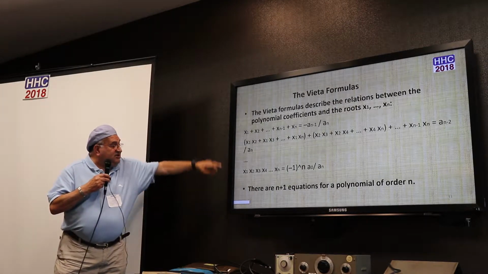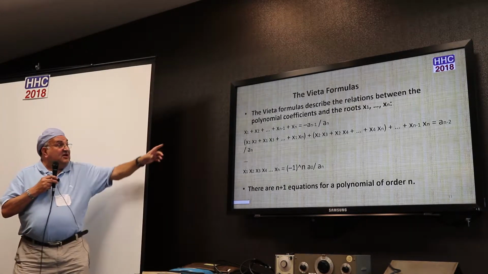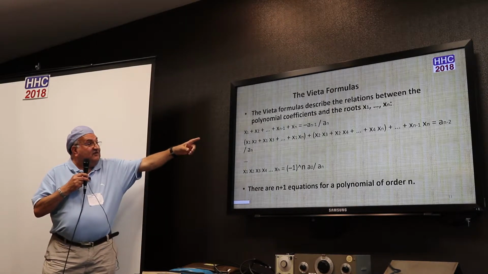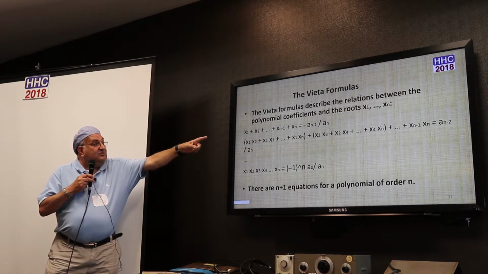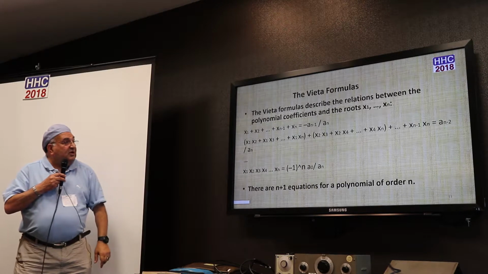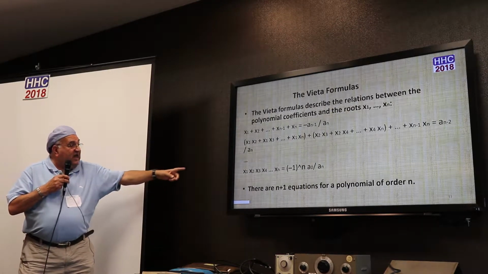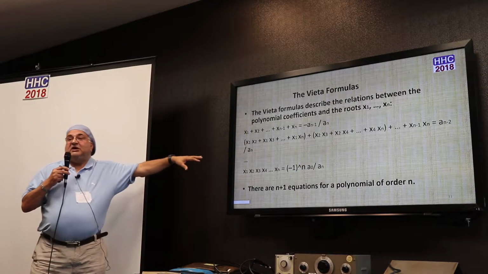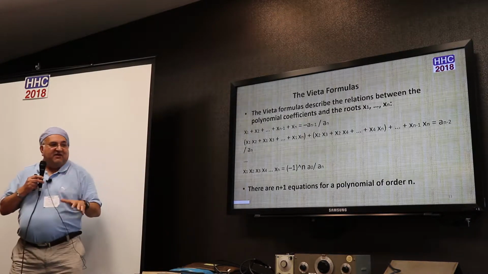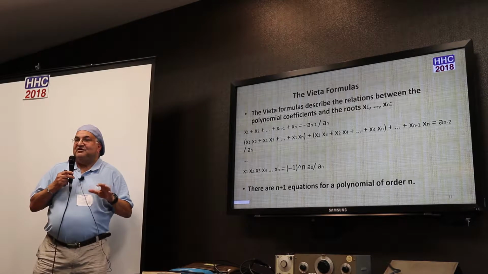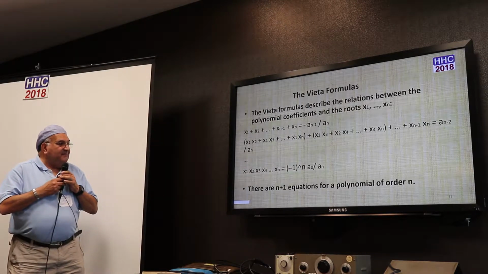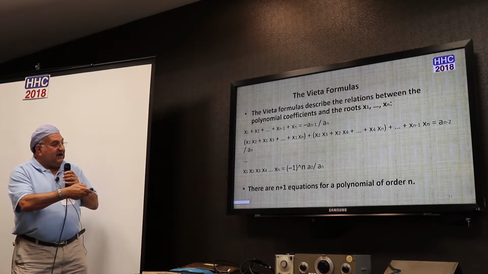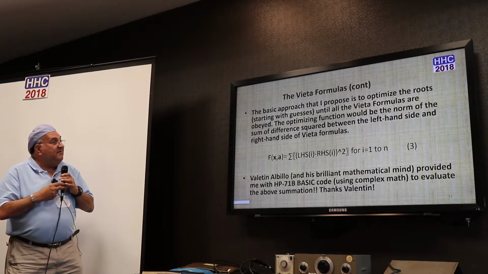The first equation and the last equation are the easiest. The first one is just the summation of the roots as related to the highest 2 coefficients, and the last one is just the product. In between, it becomes very, very messy and very difficult to figure out. And like I said, here I have n plus 1 equations.